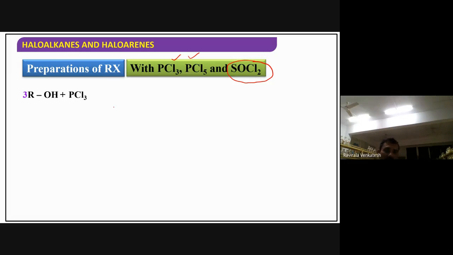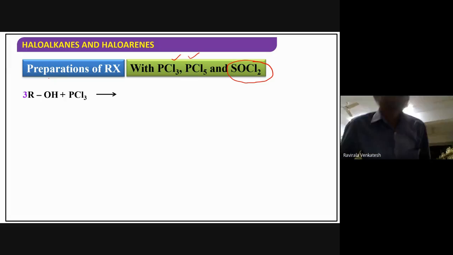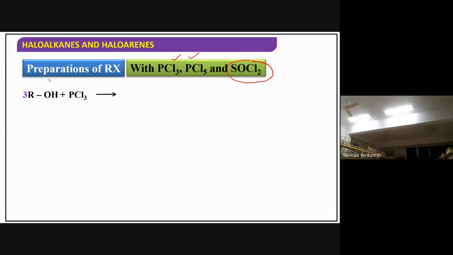When you take PCl3, take 3 moles of alcohol. 3 moles of alcohol react with 1 mole of PCl3 to give 3 moles of alkyl chloride.